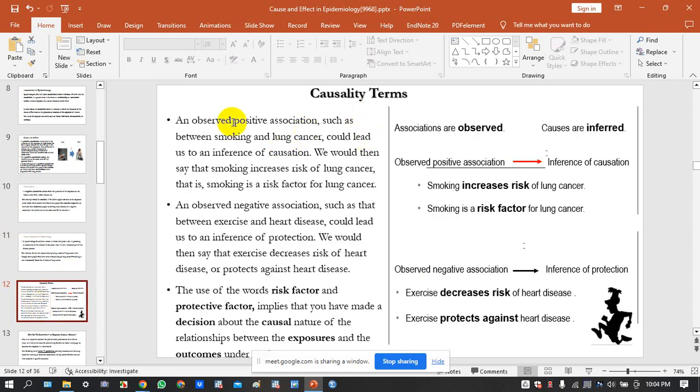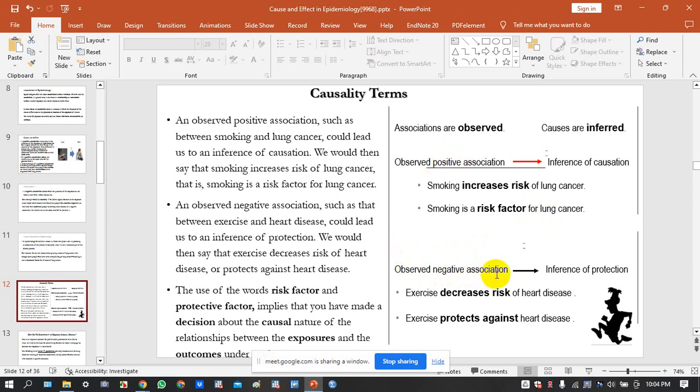So, causality. If we have observed a positive association, it leads to an inference of causation. It leads to the causing of the disease. So smoking increases the risk of lung cancer. So we say that smoking is a risk factor for lung cancer. Another is an observed negative association. The first one was a positive association.